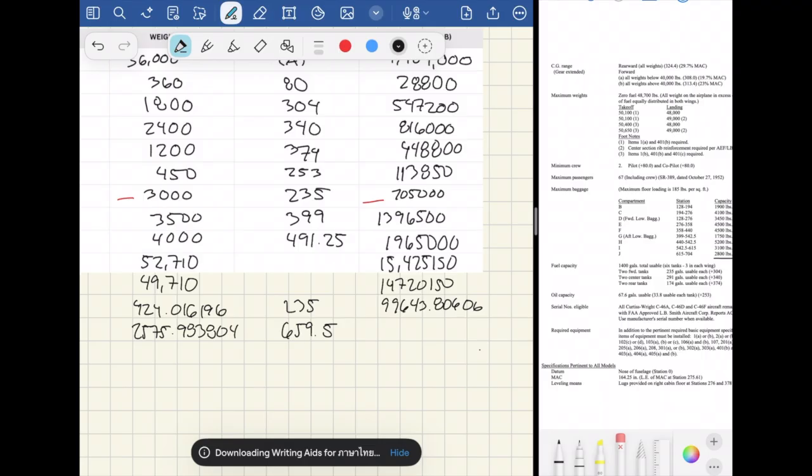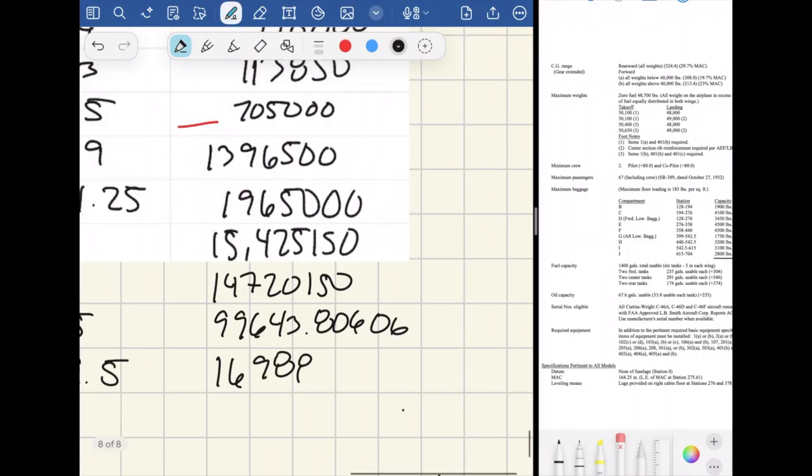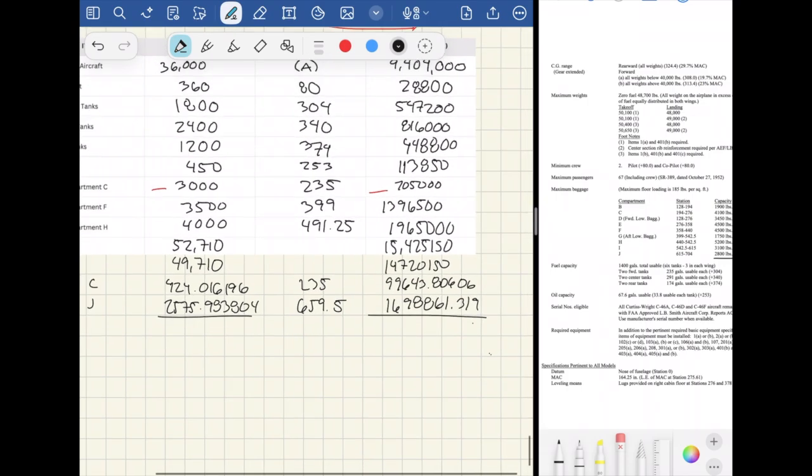And then 2,575.983804 times 659.5. This will give us 169,886.151. So again, i-add natin yung total moment and total weight for our preparation sa loaded CG.